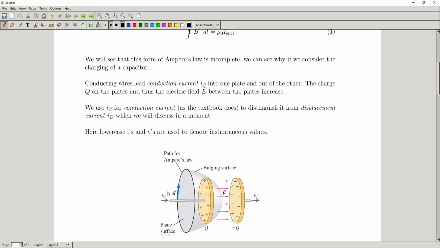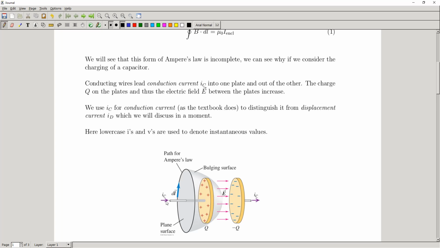So I_C here is what we would normally think of as capital I, but now we make this distinction. It's called the conduction current. Okay, we use I_C here, and your textbook uses it too, just to distinguish it from a different type of current, which is going to be displacement current, which we're going to introduce now, right?